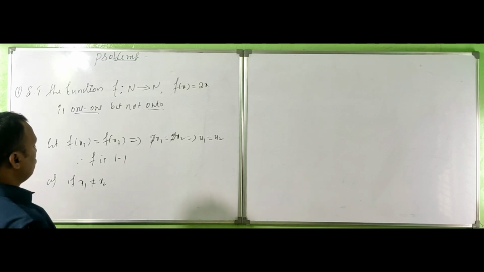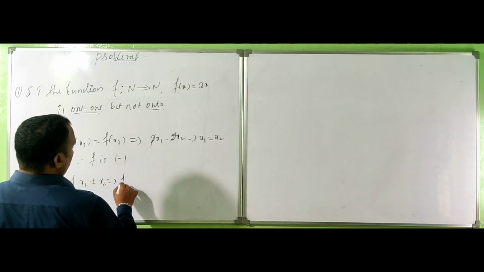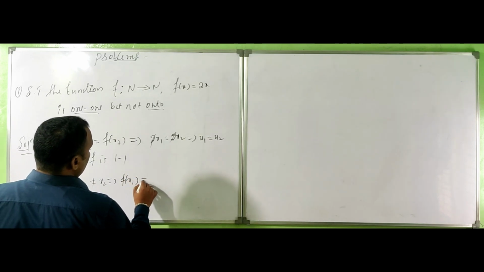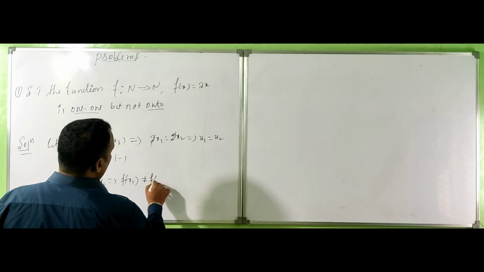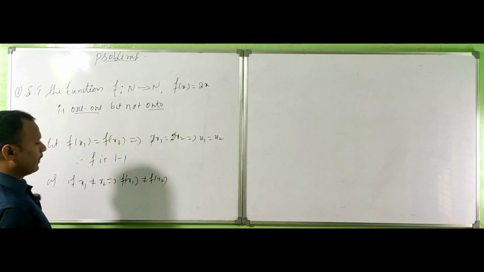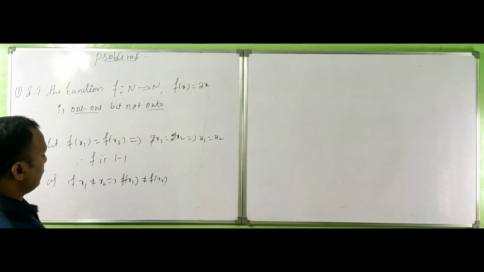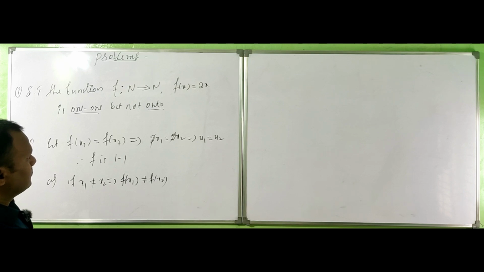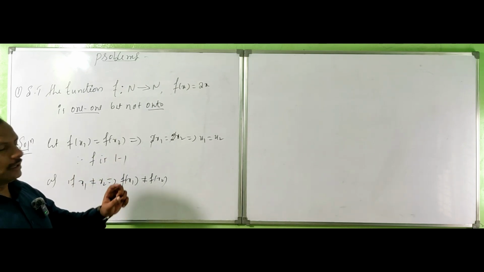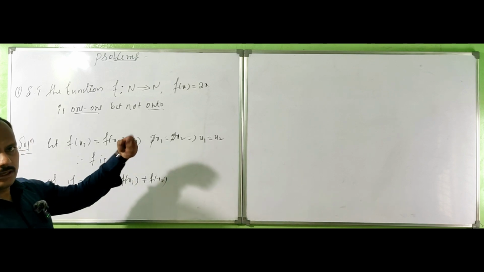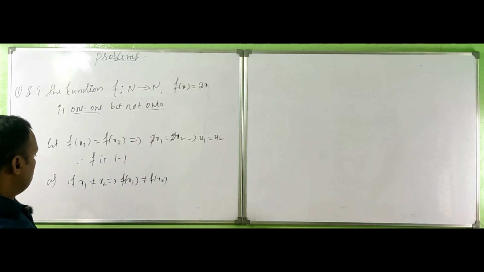This implies that f of x1 is not equal to f of x2. That's why they gave two options: either prove by this one or by the other one.